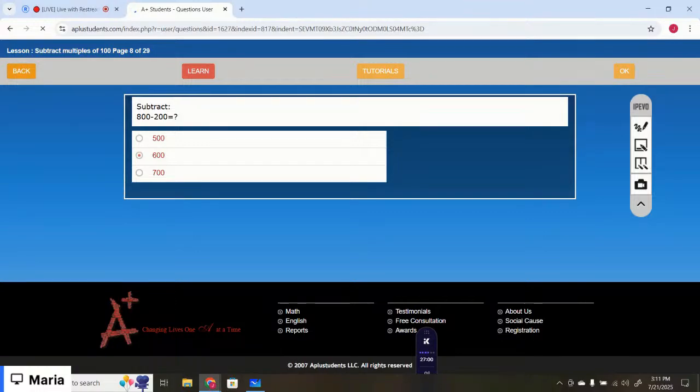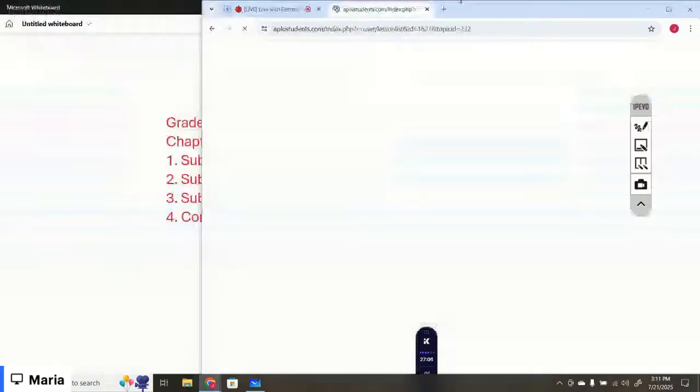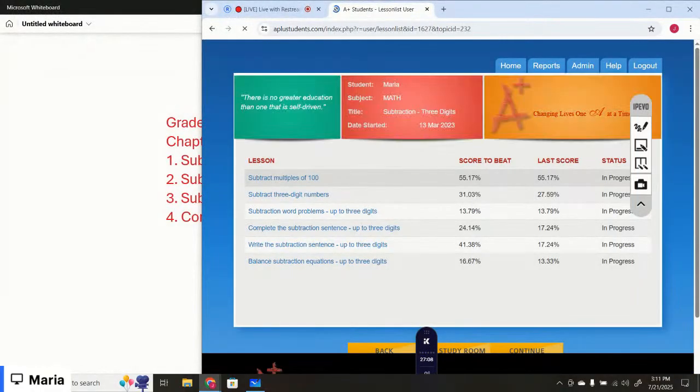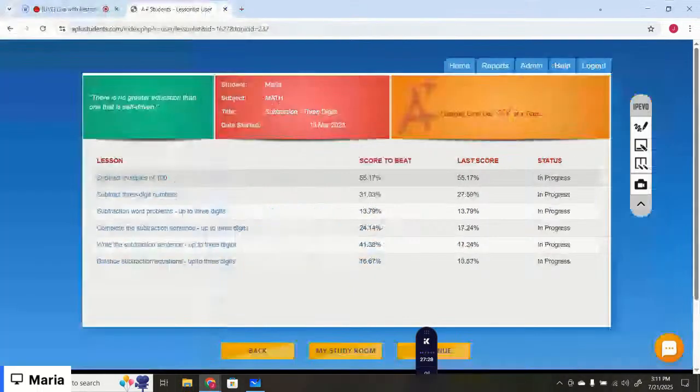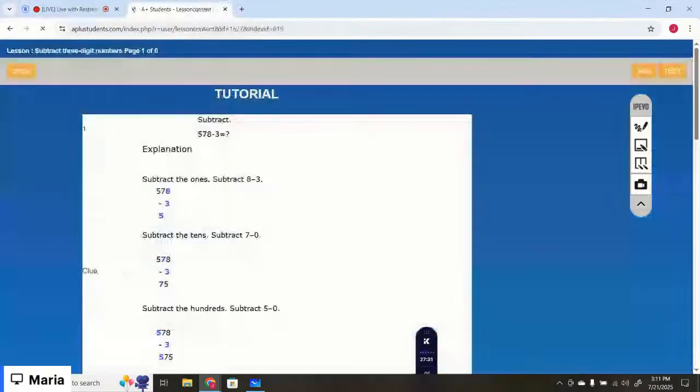Okay, you can complete the lesson by yourself. The next lesson is subtract three-digit numbers. So let's just start with the lesson.